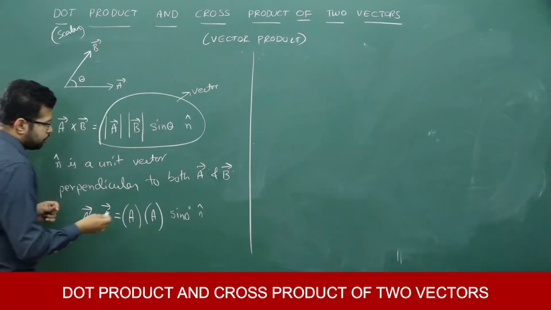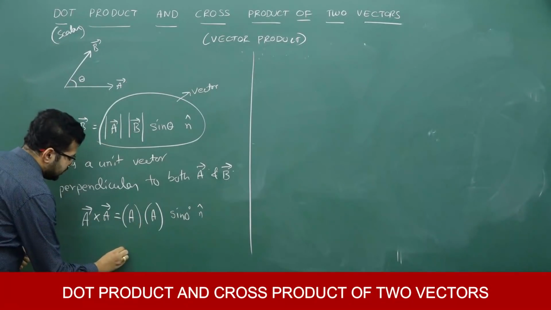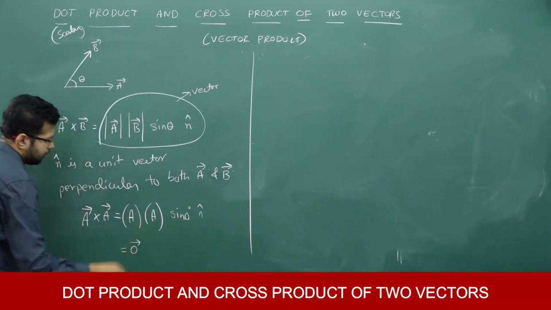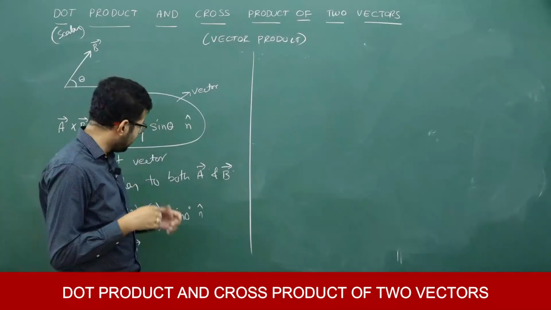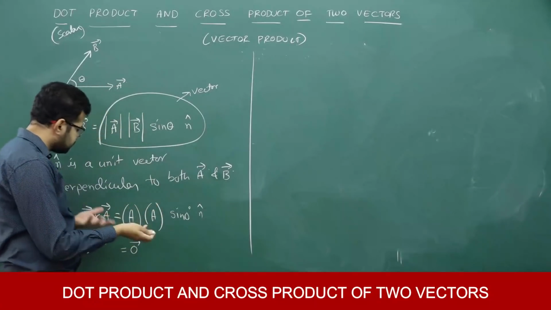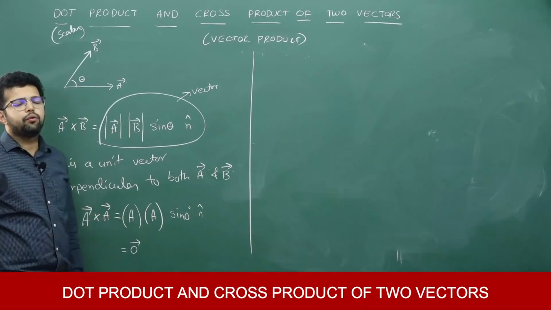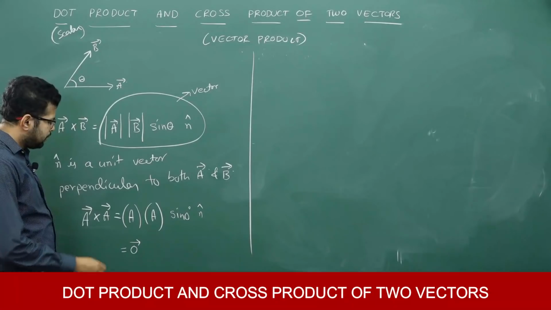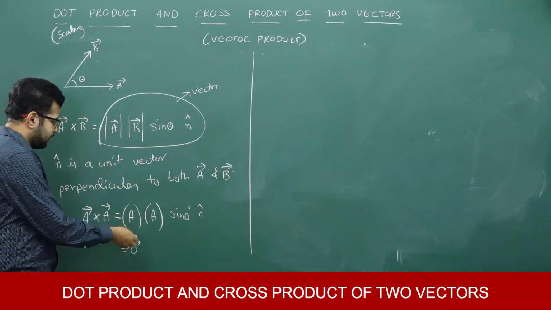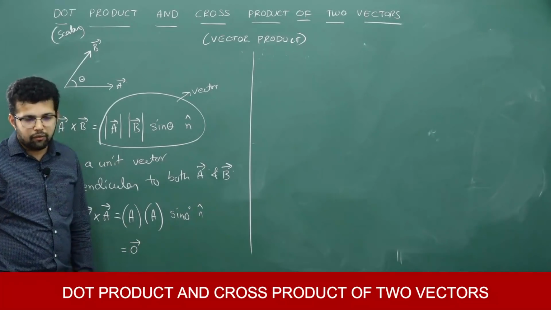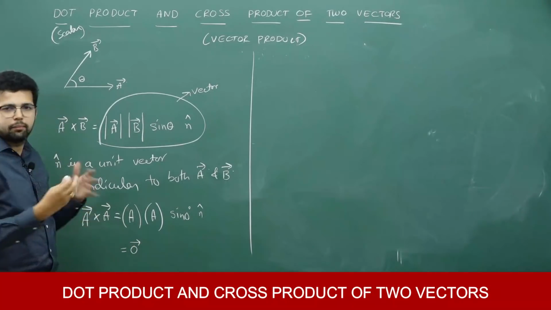Okay. So, sin 0 is 0. So, A cross A we get a null vector. What is a null vector? It is a vector having 0 magnitude and arbitrary direction. In general, whenever we use vector product, at least at the plus one and plus two level, the symbol for a null vector is not that important. Usually, we write simply 0.